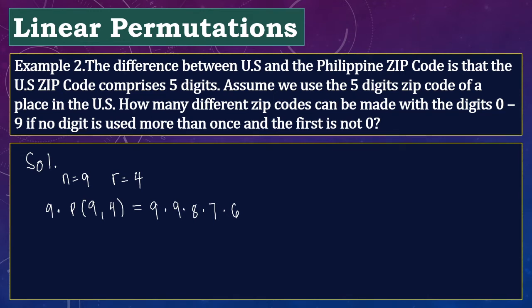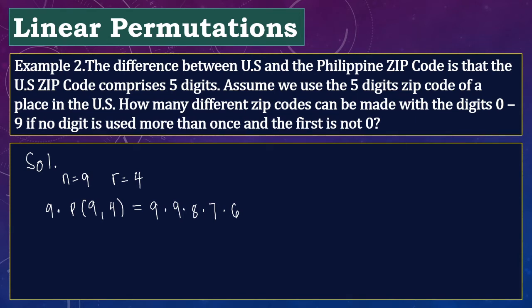Okay, ngayon naman, dito sa ating pangalawang digit, kasama na yung 0. Pwede na ang 0 dito sa ating pangalawang digit. Okay? So, dapat 10 na ito. Pero since nakapili na tayo ng isang number dito sa ating first digit, 9 numbers na lang ang ating pagpipilian dito sa ating pangalawang digit sa ating zip code. Okay? And then sa pangatlo, 8 na lang.